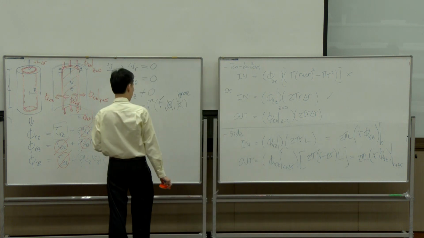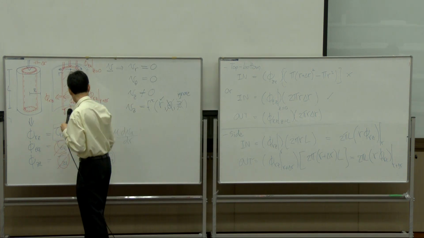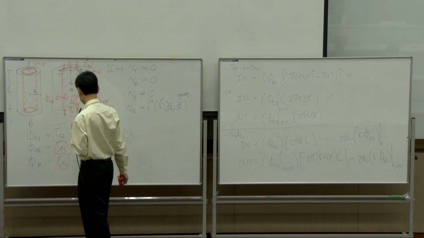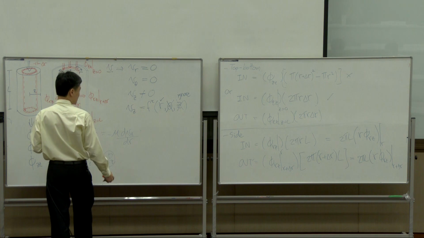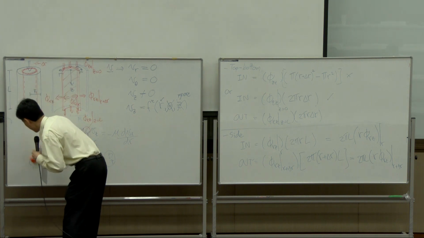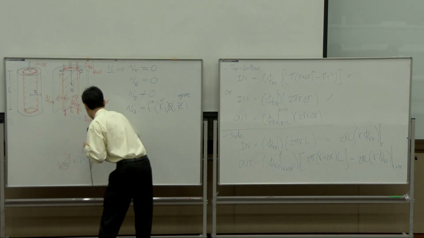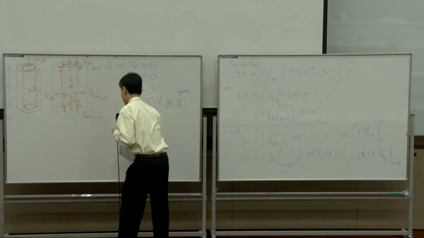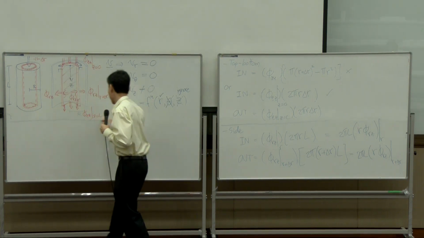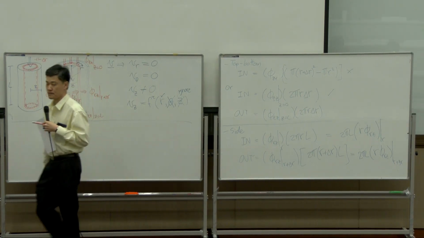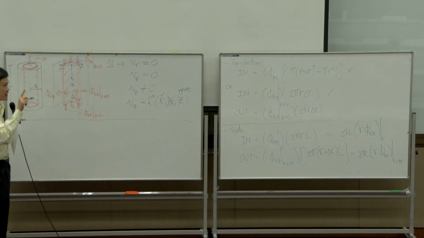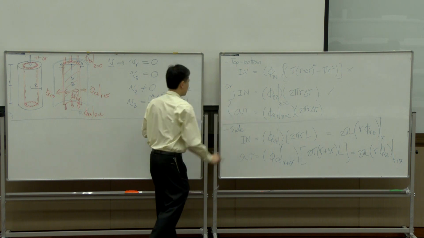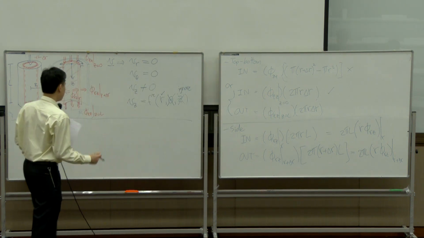All right. I'm running out of space, so let's erase this first. Okay? So for the balance, you take in minus out. So I'm going to take this pair together first. In minus out.